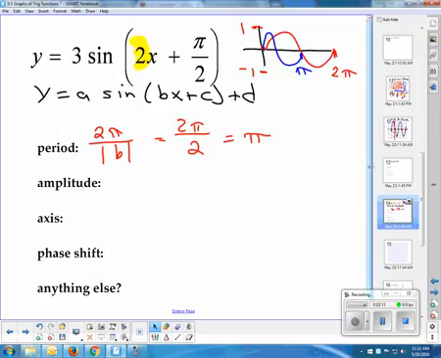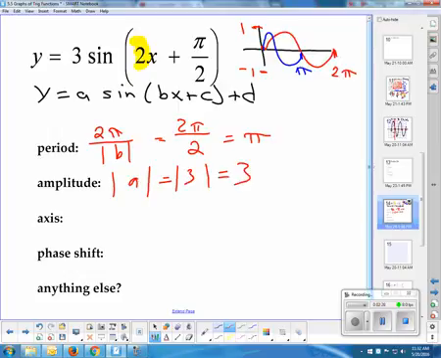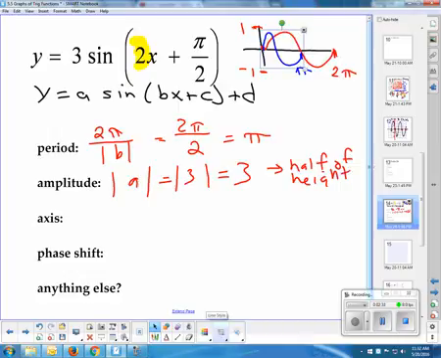The amplitude of the graph is defined as the absolute value of a, for our case, absolute value of 3, which is 3. That is going to be a vertical stretch. Remember that this amplitude is half of the height of the wave. And how that would affect the parent function, I'm going to get rid of the piece that we already talked about for the period.